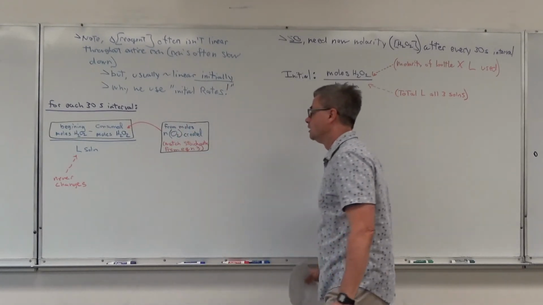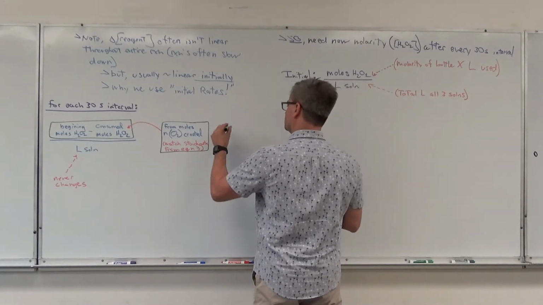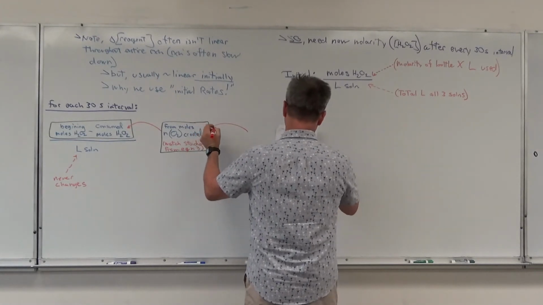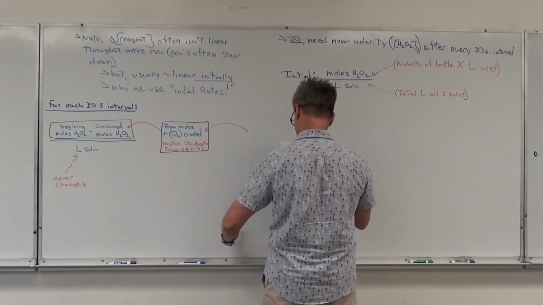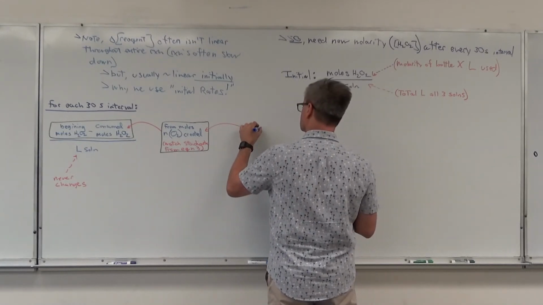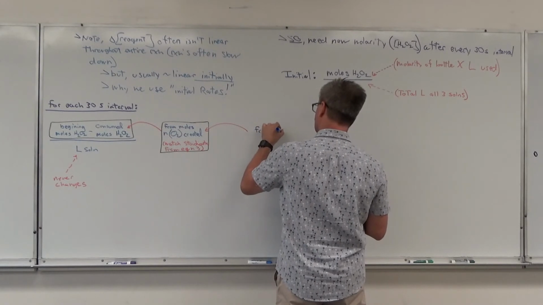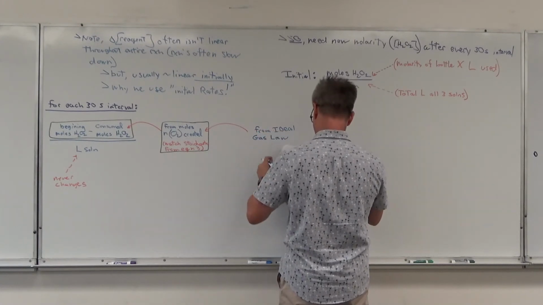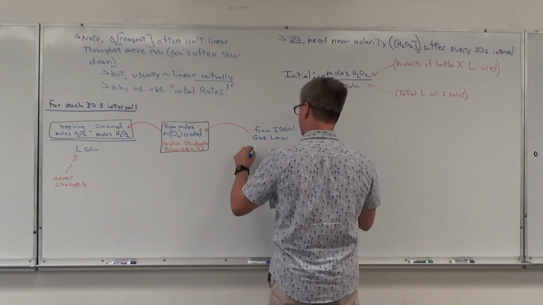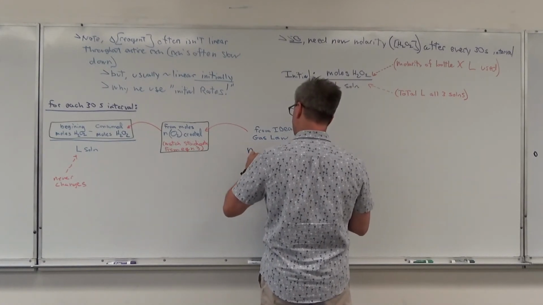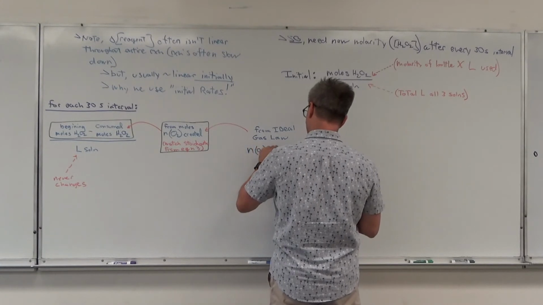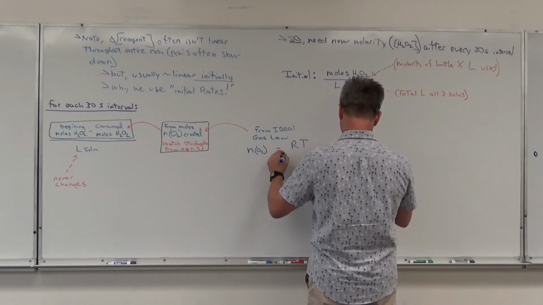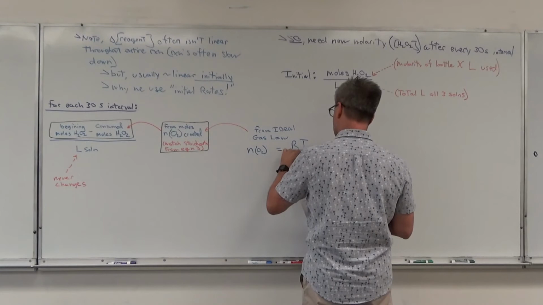Where are we going to get the moles of oxygen created from? We get that from the ideal gas law, which will have been rearranged. n of oxygen is going to equal PV over RT.